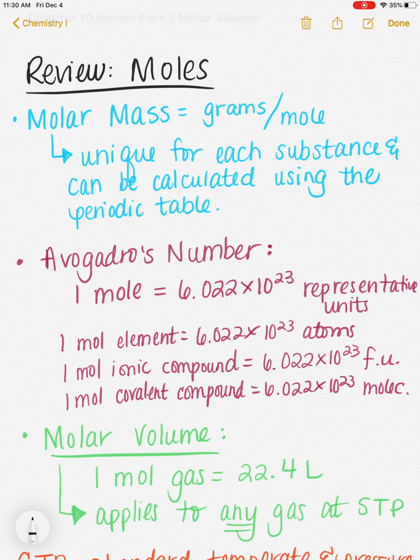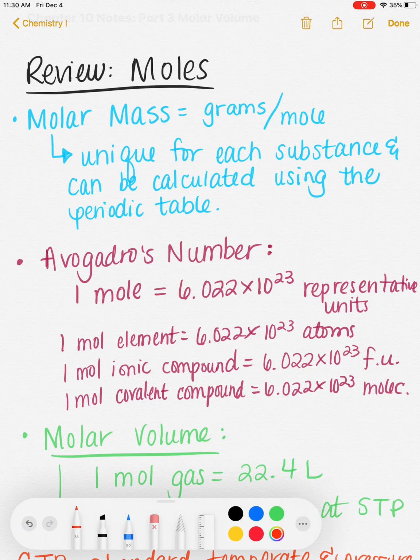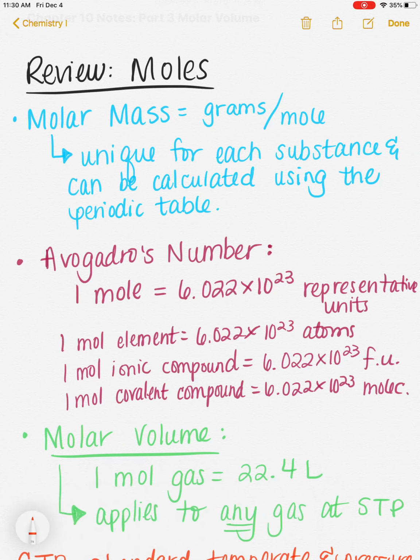Avogadro's number is 6.022 times 10 to the 23rd. This number is important because 1 mole of any substance will contain 6.022 times 10 to the 23rd representative units. In the last video, we had discussed what representative units are.